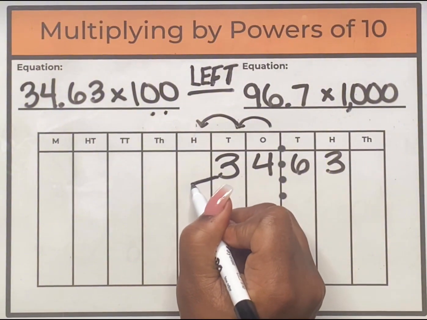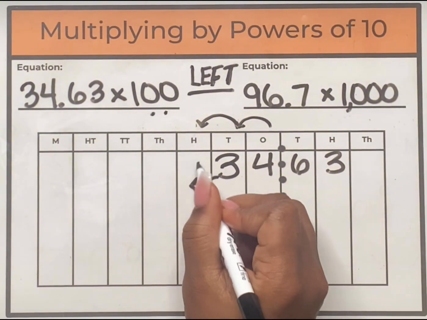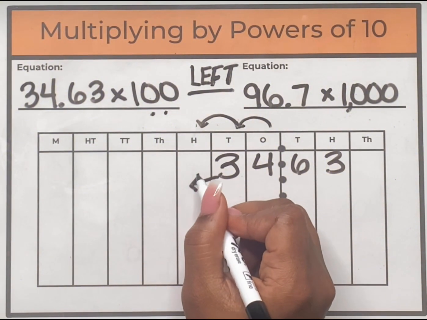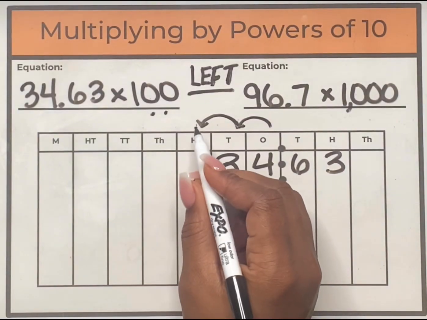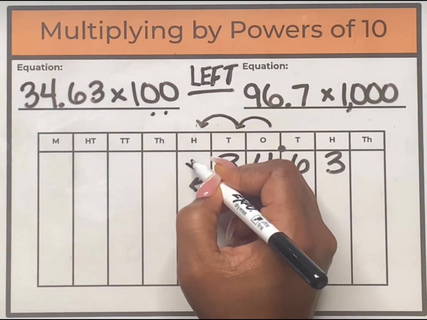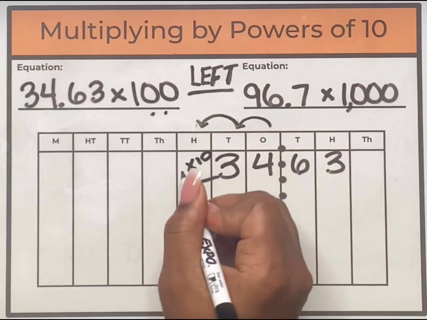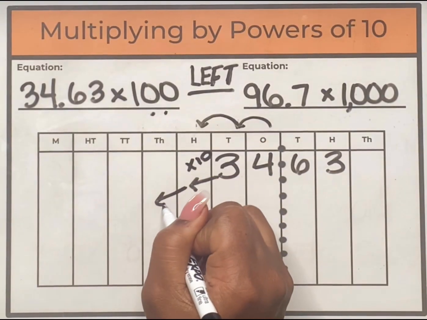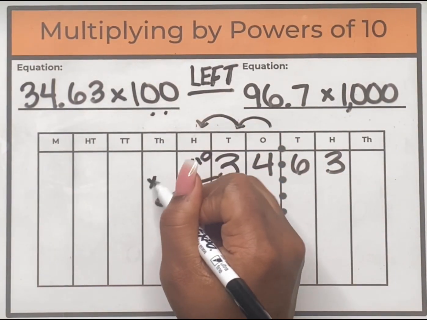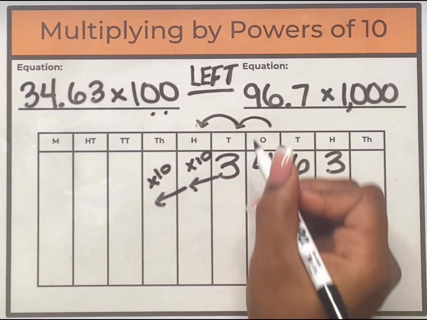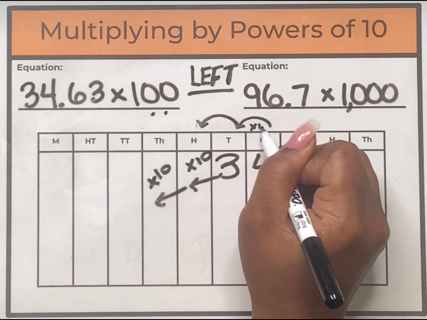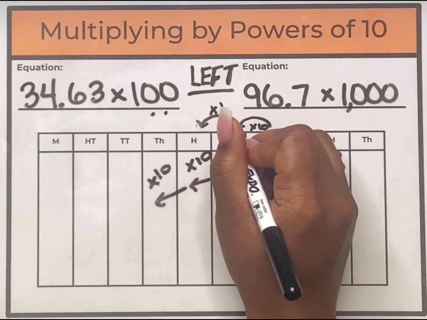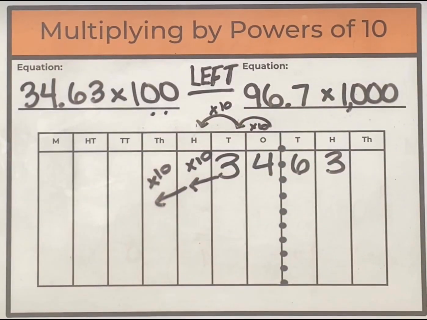Make an arrow. Make sure you're at least midway of the location. That's 1 shift. And we're going to write times 10. Then we're going to make another shift. This is our second shift forward, which is another times 10. Every time we move to the left in the place value chart is times 10.